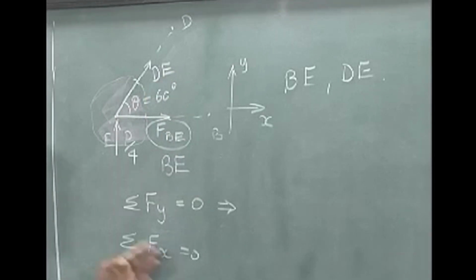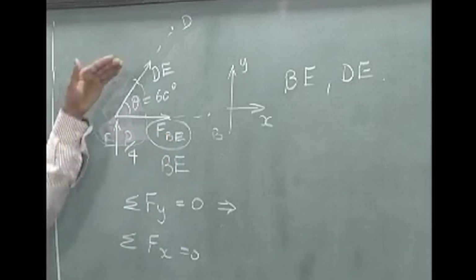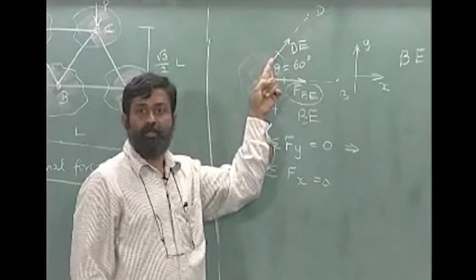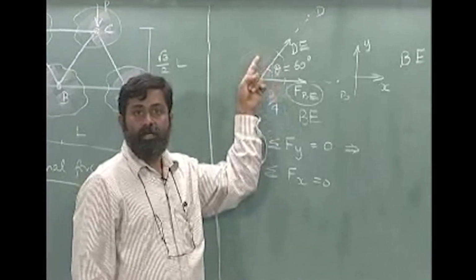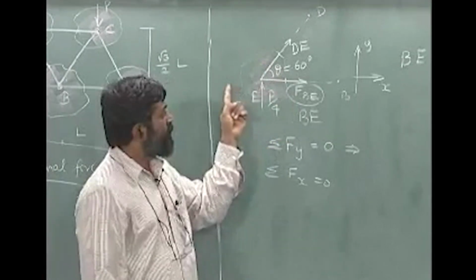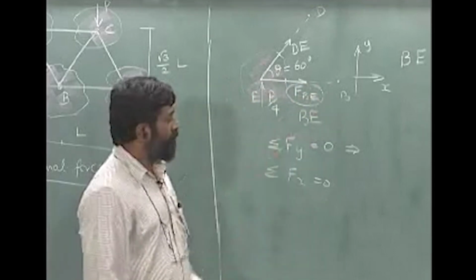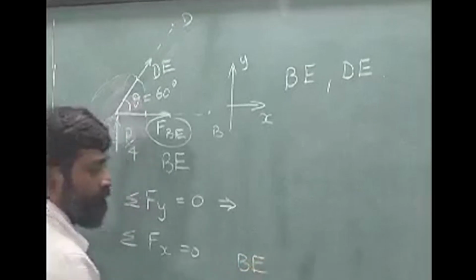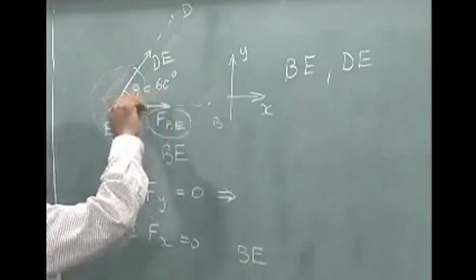Now which one would I choose, horizontal equilibrium and then vertical equilibrium, or the other way? It depends on your convenience. Supposing I take the horizontal equilibrium, what will I have? I will have BE acting along the positive direction.